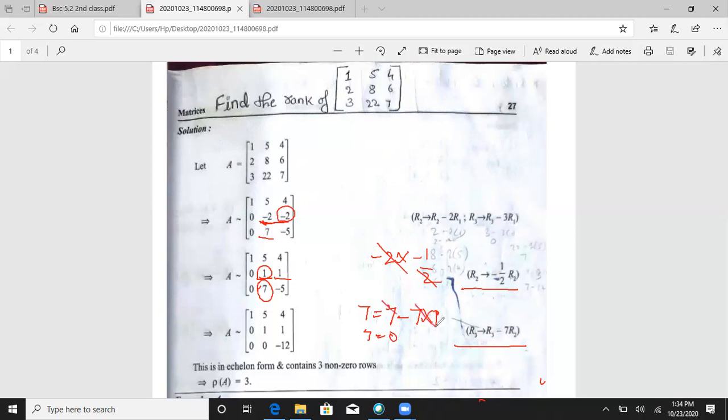Okay, over. Then next come to here, next element, that is R3 equal to minus 5.